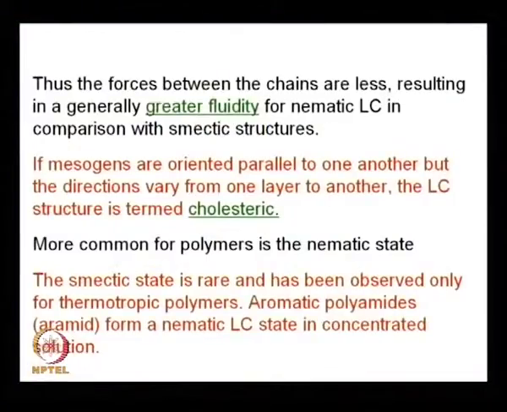Now, a plane beneath this plane may contain again these polymers, where the mesogens, if they are not aligned in the same direction, will get different liquid crystalline behavior. So, if mesogens are oriented parallel to one another, but the directions vary from one layer to another, the LC structure is termed cholesteric. That means, for multi-layered configuration, we can get this smectic structure.